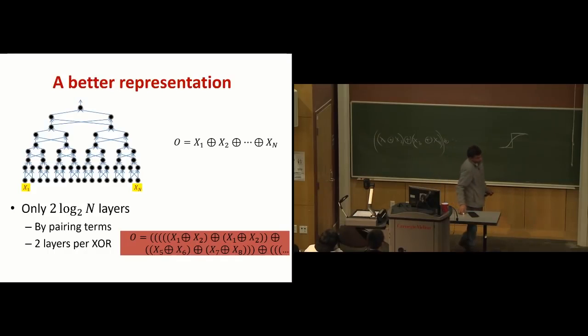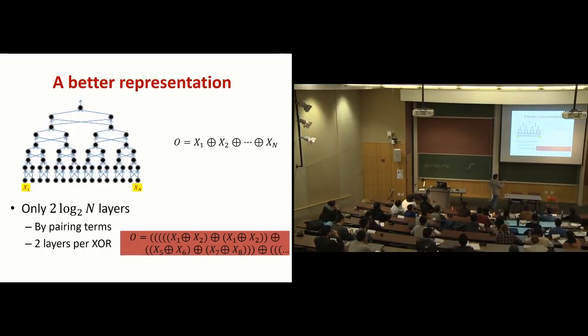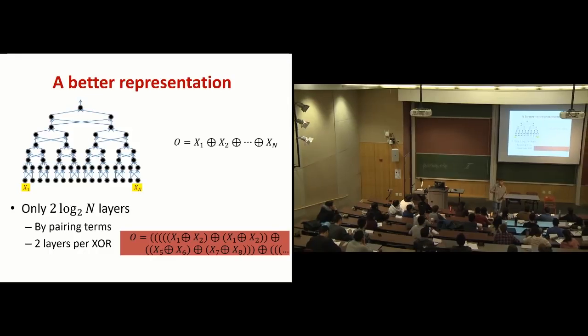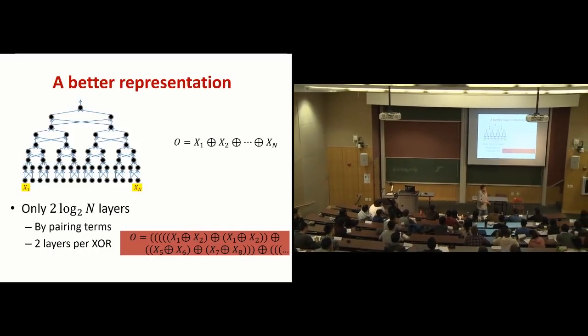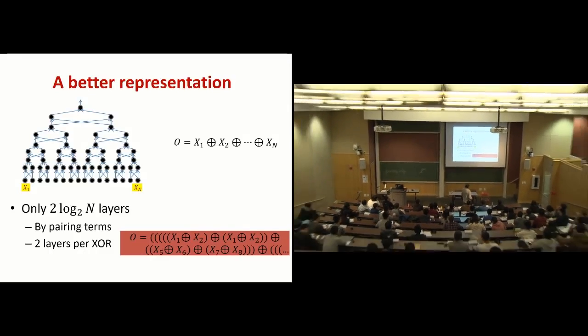So if I do this pairwise, now observe something very interesting. First, I'm doing a pairwise XOR in the first layer. Then I'm doing a pairwise XOR in the next layer. Then I'm doing a pairwise XOR in the next layer, and so on.